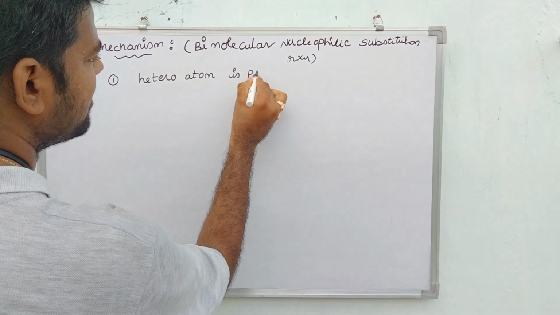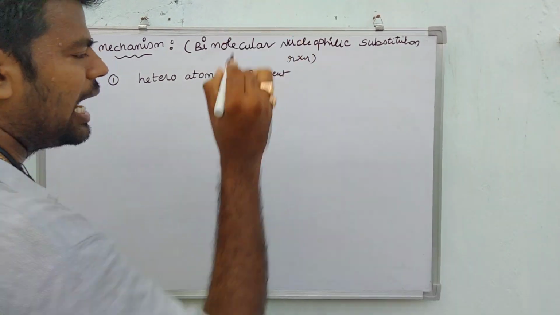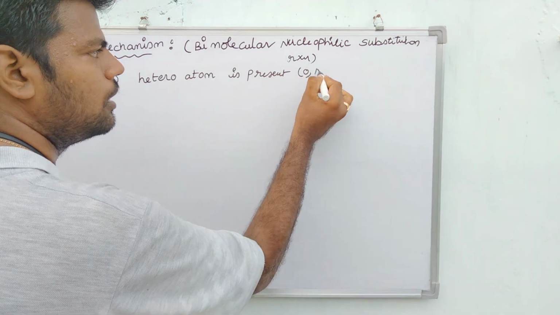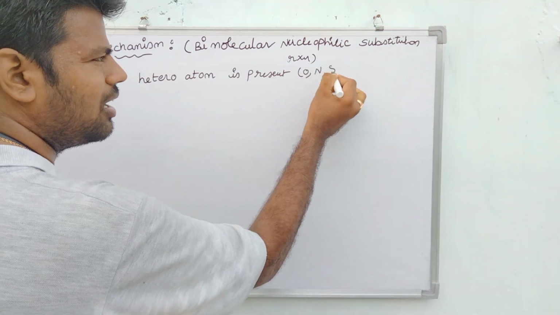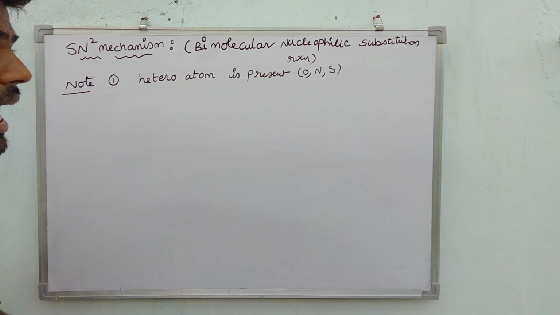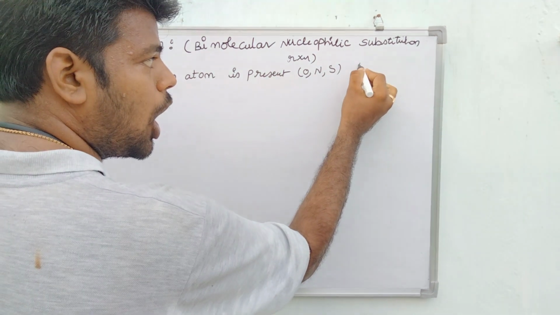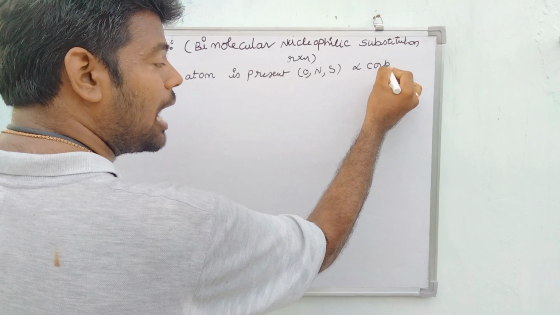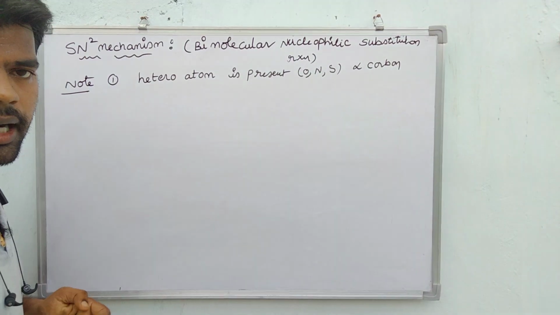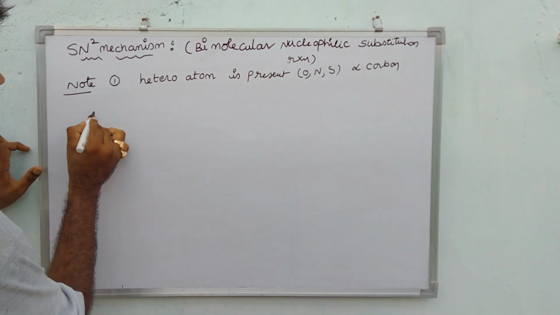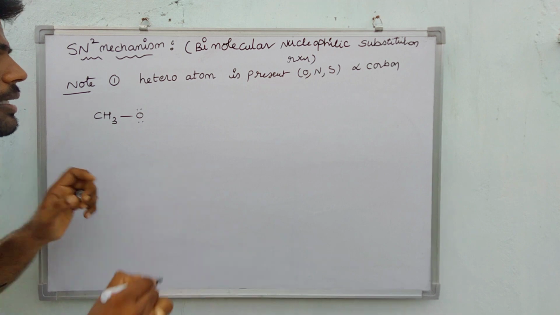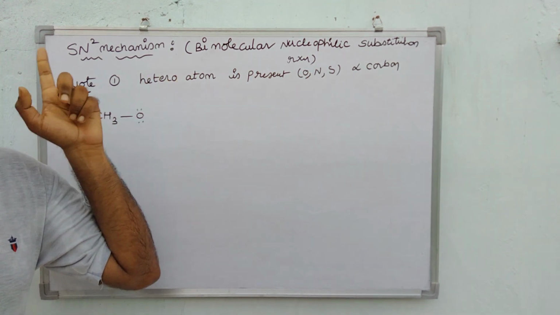Once you observe carefully, generally if a heteroatom is present, what is a heteroatom? If you take oxygen, nitrogen or sulfur, all these are considered heteroatoms. Suppose a heteroatom is present on which position? On the alpha carbon. If I take one simple example, CH3O, oxygen is an example of which type of atom? Heteroatom.